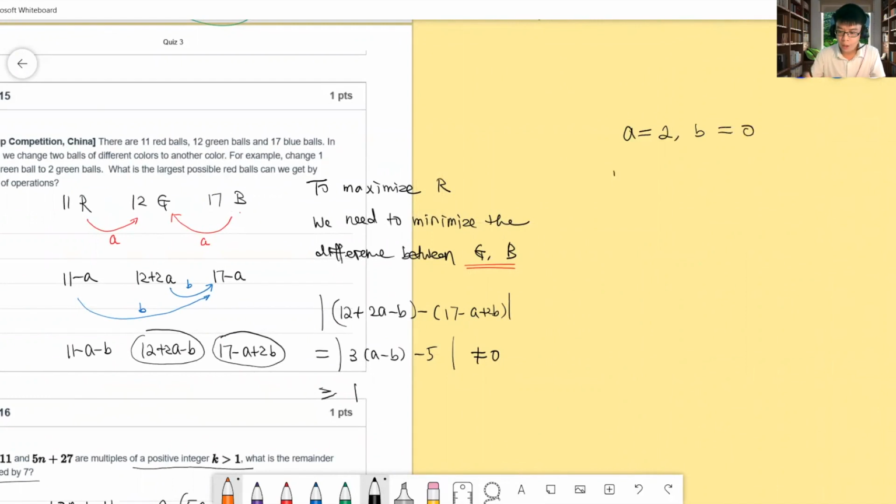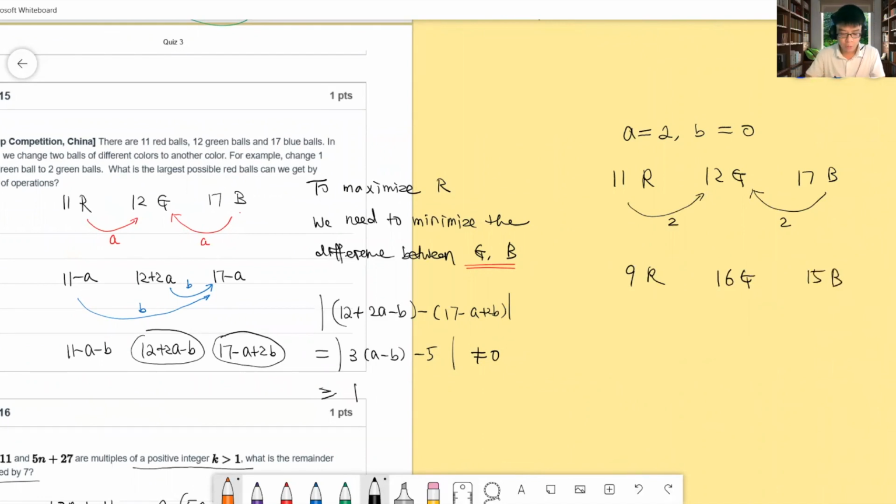In this case, I have the following operation. I change red and blue into green. I do this twice. After that, I have 9 red balls, 16 green balls and 15 blue balls.